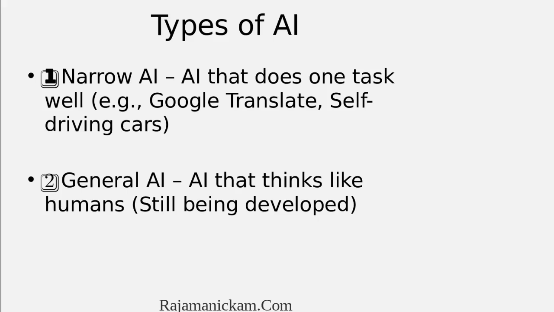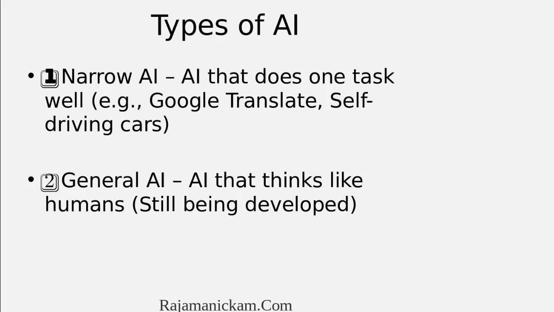And general AI is exactly acting like humans, but it's not yet developed. You might have heard about AGI, right? Apart from that, even some people are talking about superintelligence, ASI. Okay, it is beyond humans' capabilities. So that is a completely different topic.